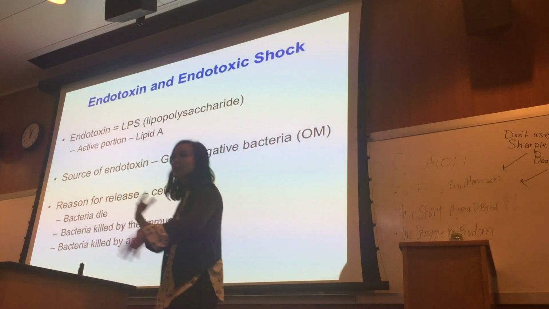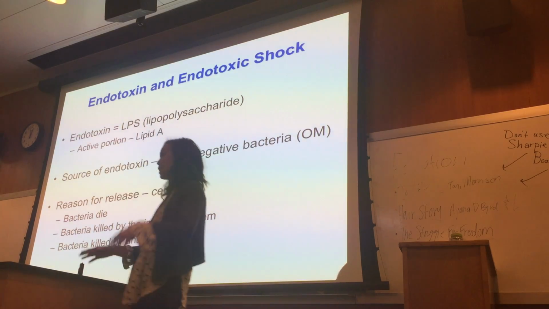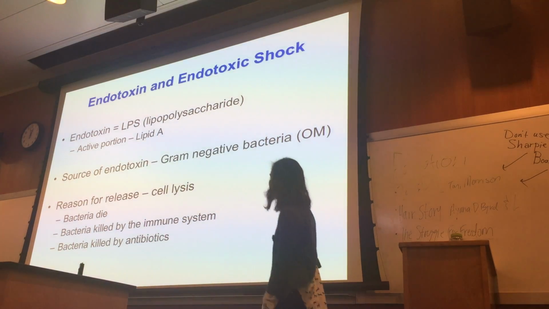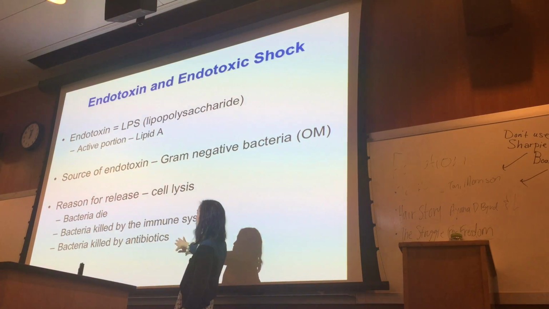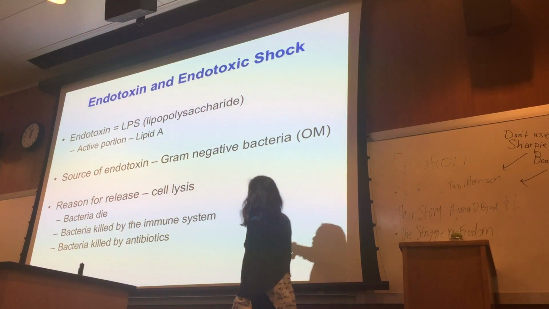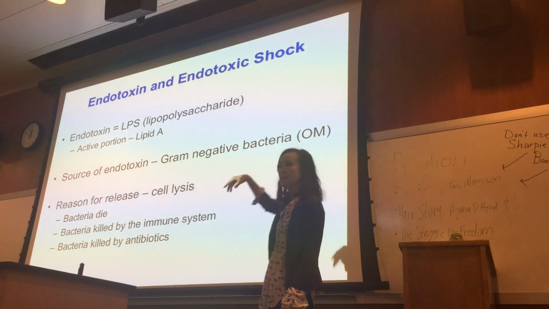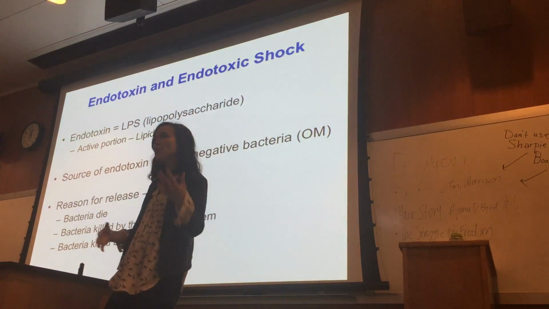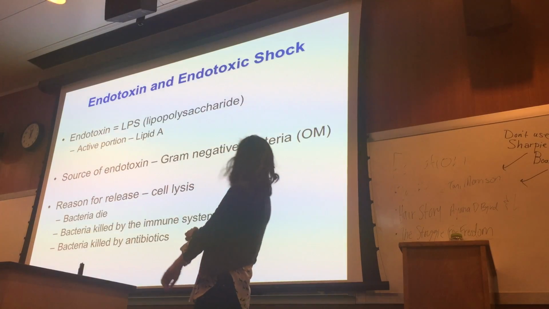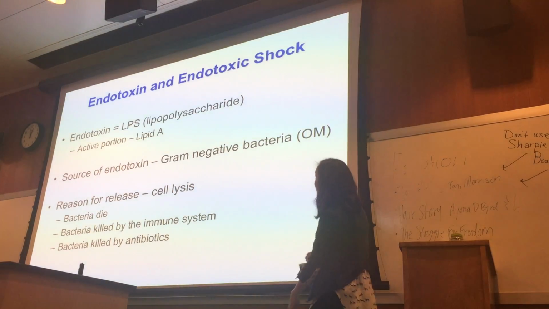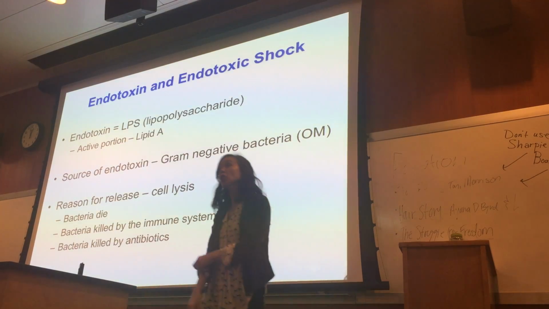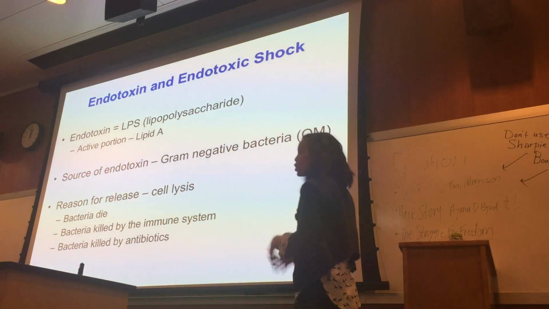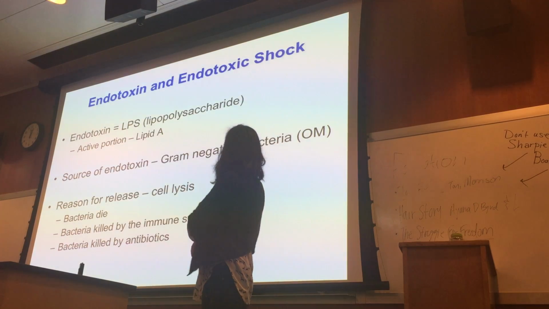When people initially start taking their antibiotics, they might have a little bit of a fever before the gram-negative is cleared out. If a little bit of endotoxin gets released, a lot of times people will experience just a fever. If a lot of endotoxin gets released, it could result in that shock-like effect.